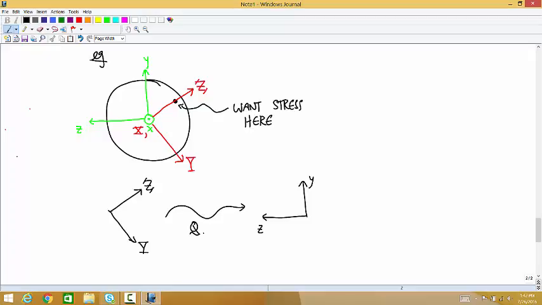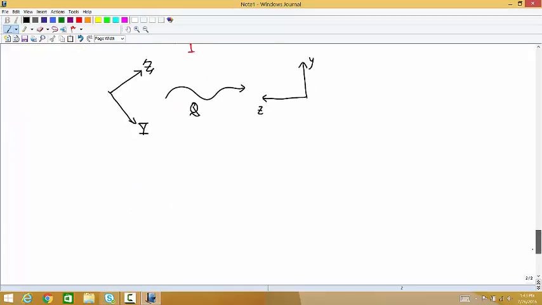So we'll do this with a Q matrix. Any questions about that yet? All right, let me do an example.